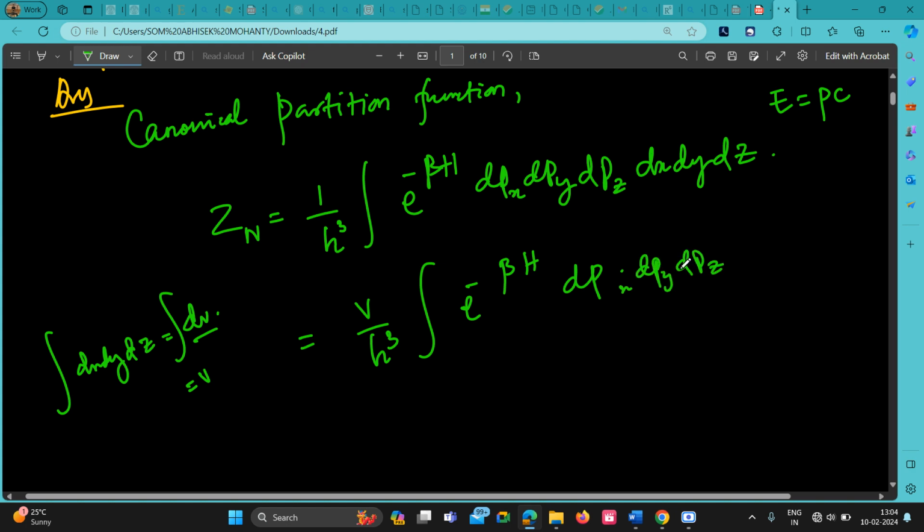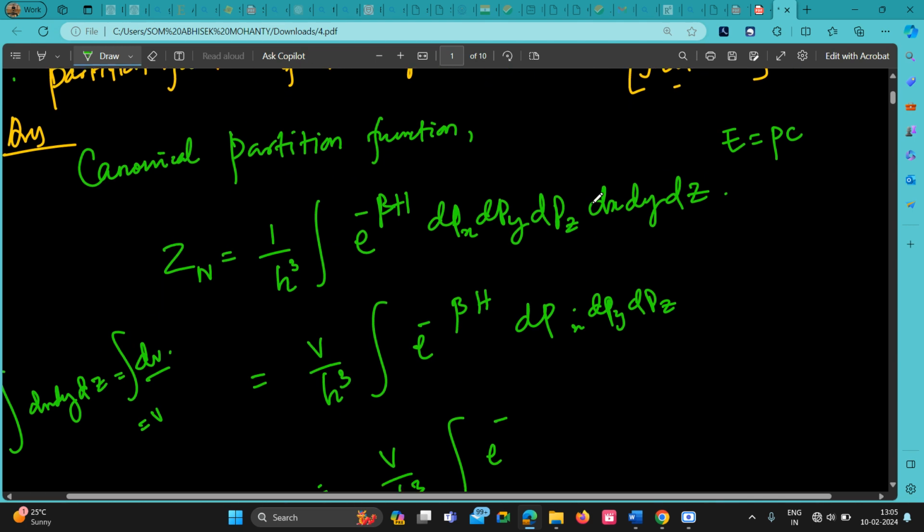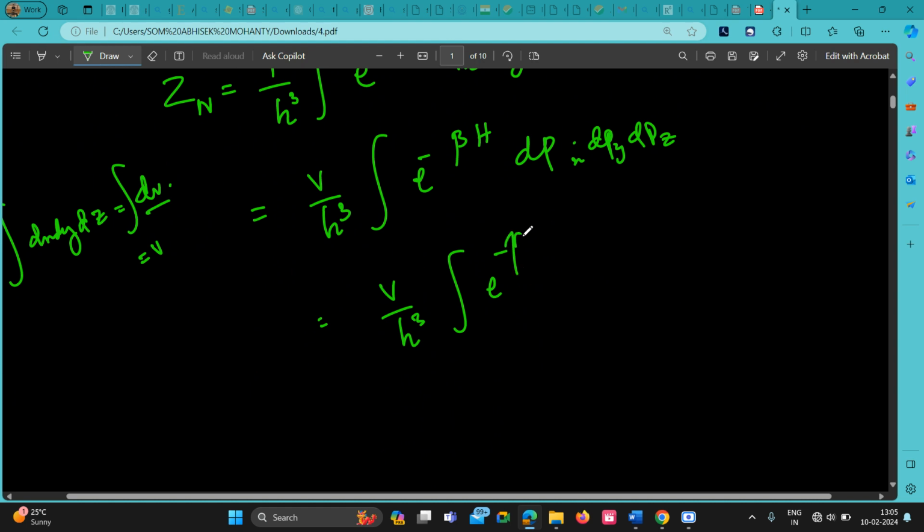For the volume element of this one, H is the Hamiltonian, H is energy actually. So beta E, and this will become 4 pi p square dp. Remember this?